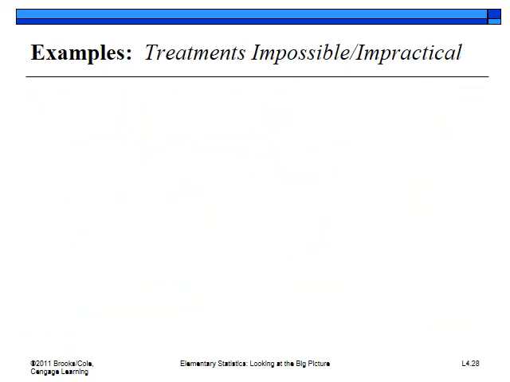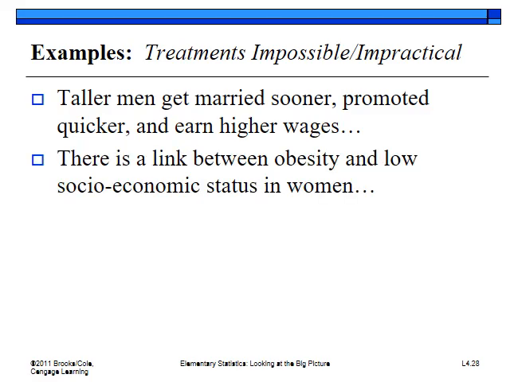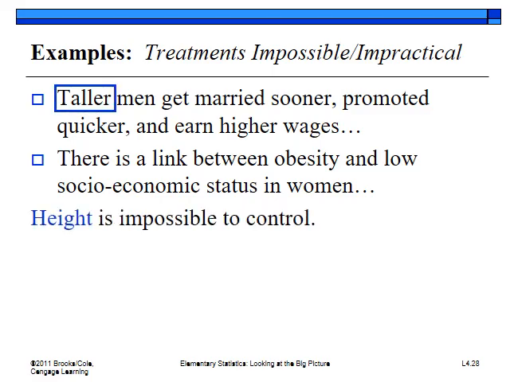Let's look at impossible or impractical treatments. Taller men get married sooner, get promoted quicker, and earn higher wages. There is a link between obesity and low socioeconomic status in women. Here, these statements are hard to verify using an experiment.